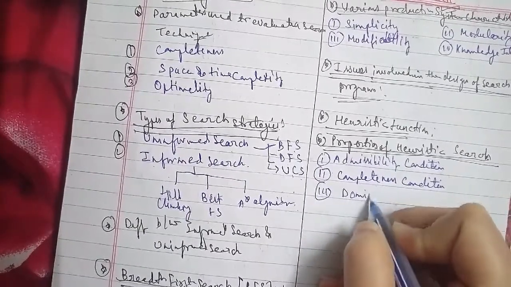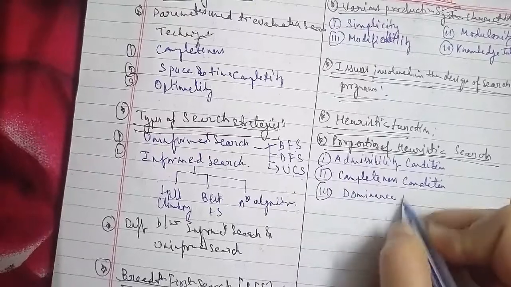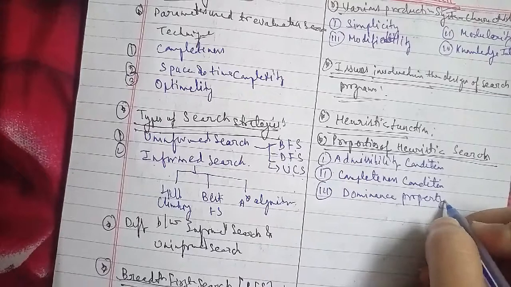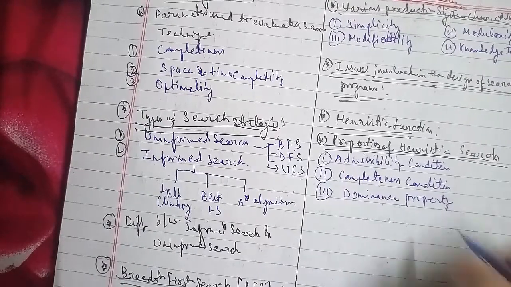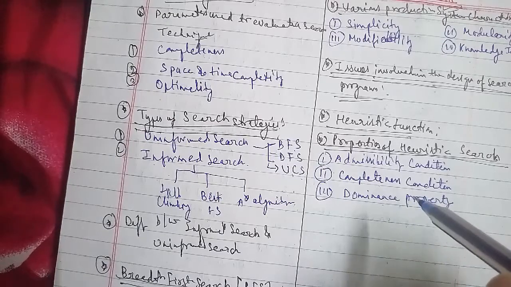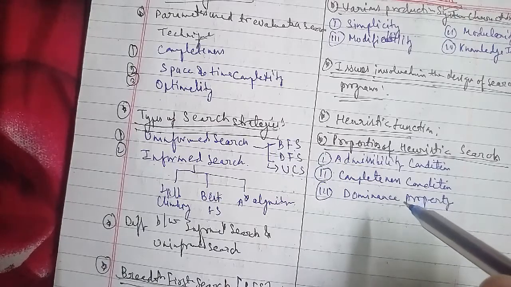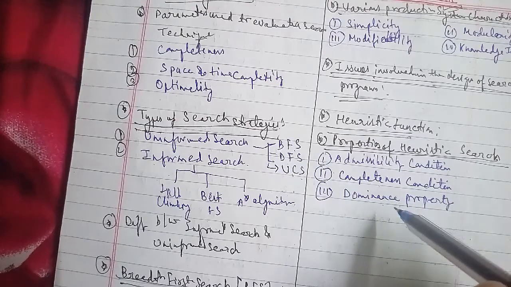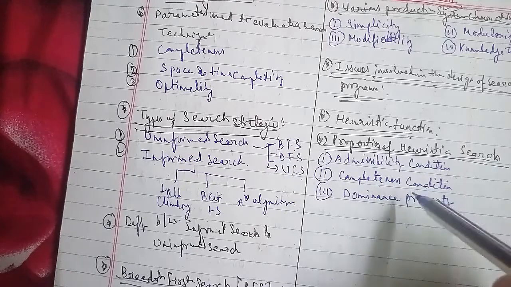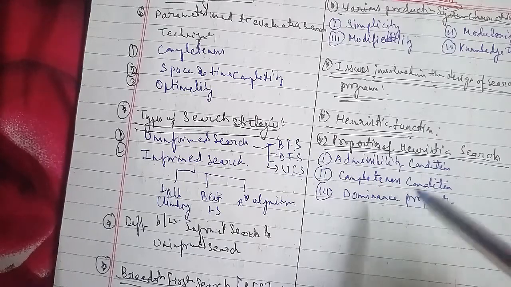In the optimality property, the algorithm A is optimal over a class of algorithms if A dominates all members of the class. So these are the properties of heuristic search: the admissibility condition, completeness condition, dominance property, and optimality property as well.